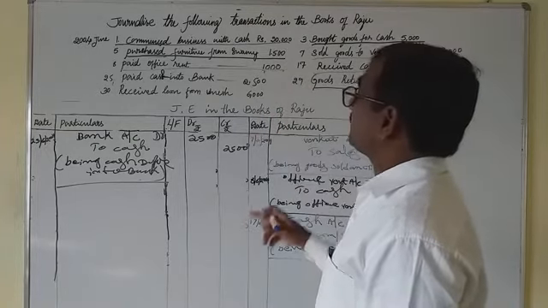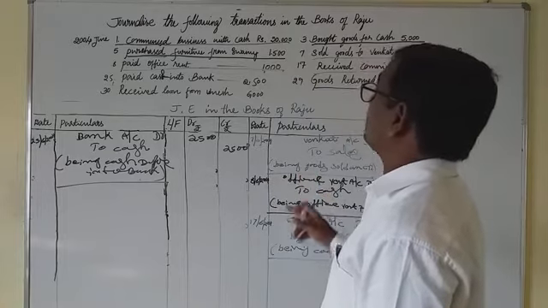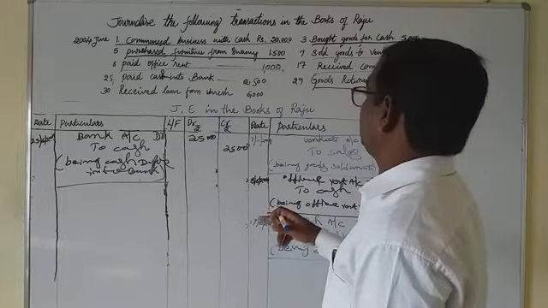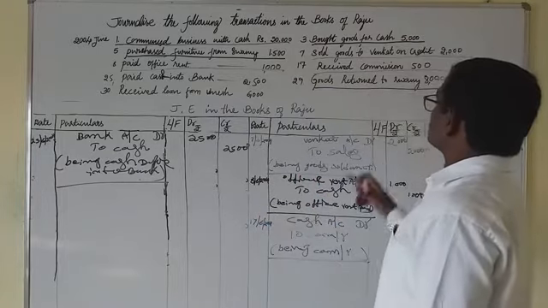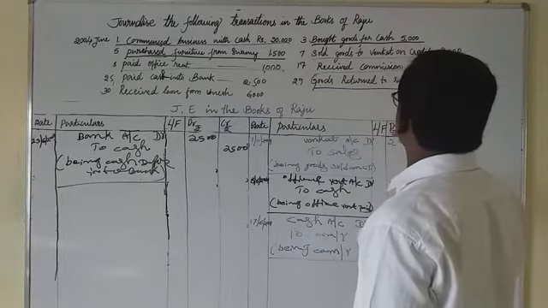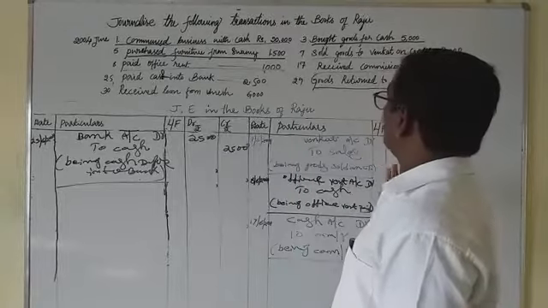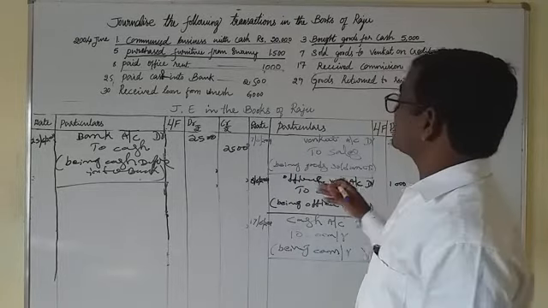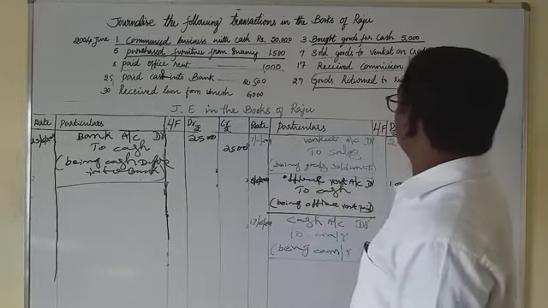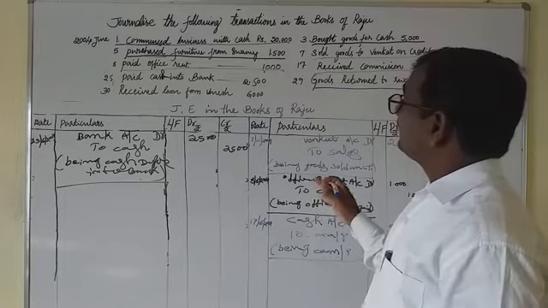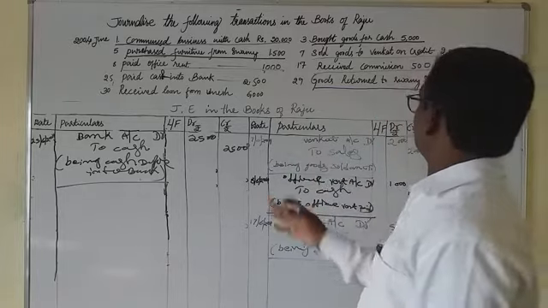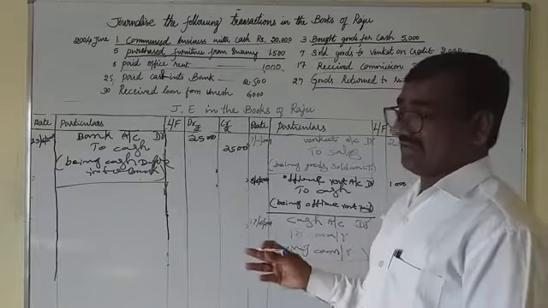See the fifth entry: purchased furniture from Swami 1500. So in this transaction, goods returned to Swami 800. Because of damages or defects in the goods, we returned them to Swami worth rupees 800.